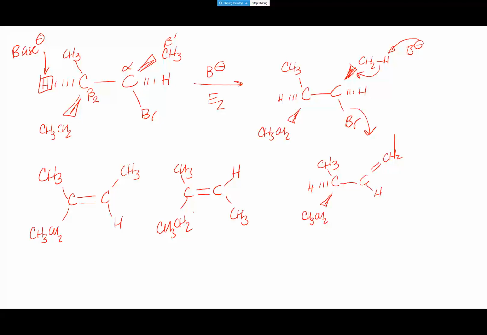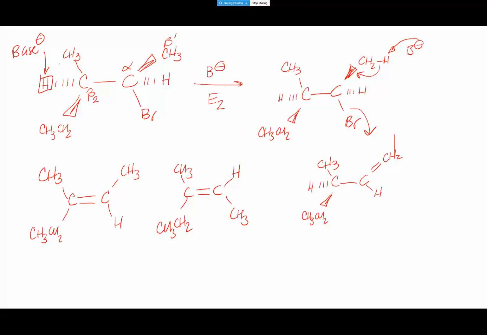And what did you have to do to get that answer? So, when the base removes this beta hydrogen in the square on beta carbon 2, which of those two products am I going to get? I'm only going to get one of those two.